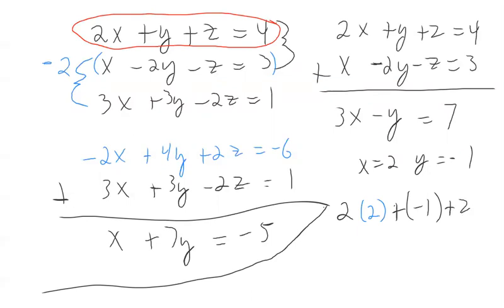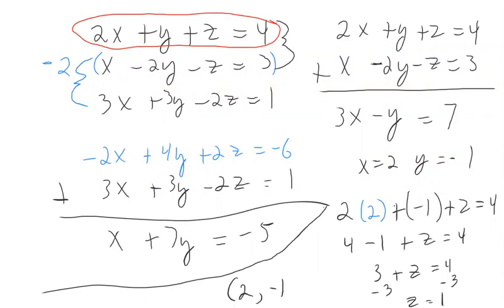Plus z equals 4. So 2 times 2 is 4, minus 1, plus z equals 4. 4 minus 1 is 3, plus z equals 4. Subtract 3, z equals 1. So the final answer to this whole problem is 2, negative 1, 1.